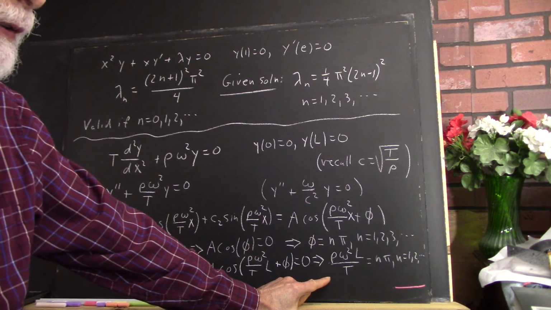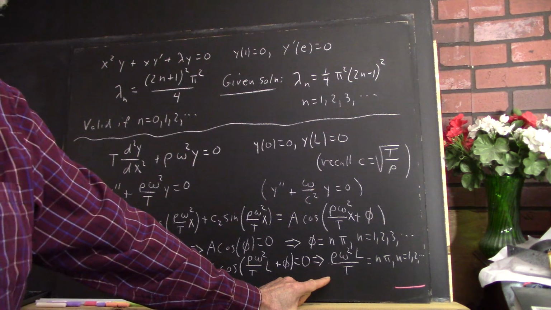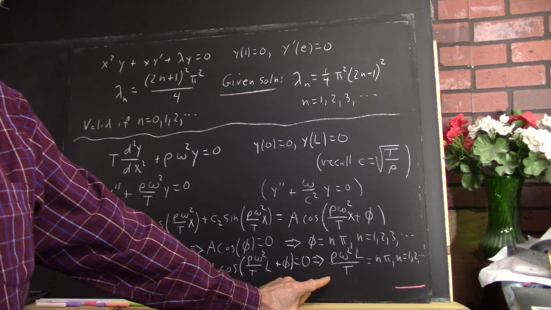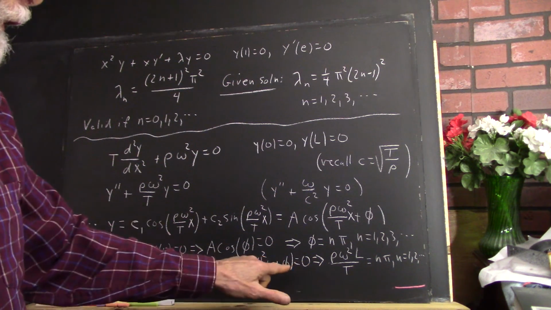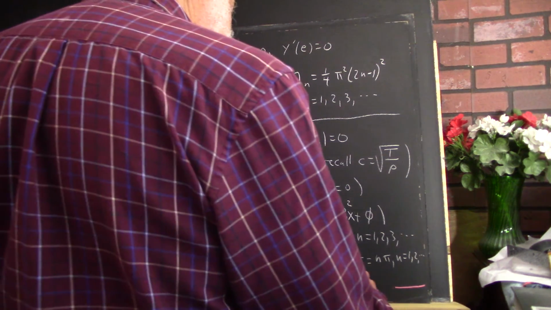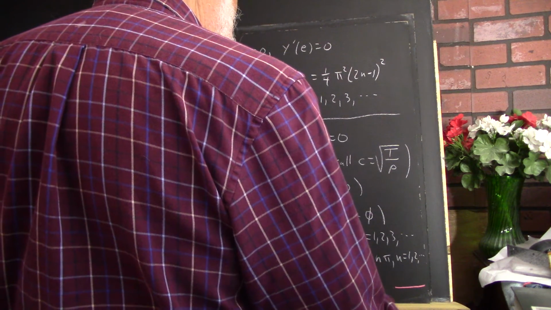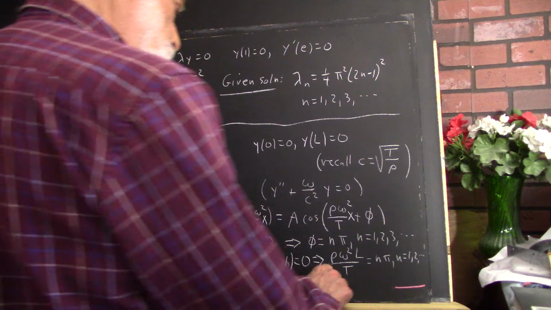There's our condition, and that's what you've got to have. And of course now you're looking for your omegas. I have just room to do this, I think. I know it'll come out on this one.